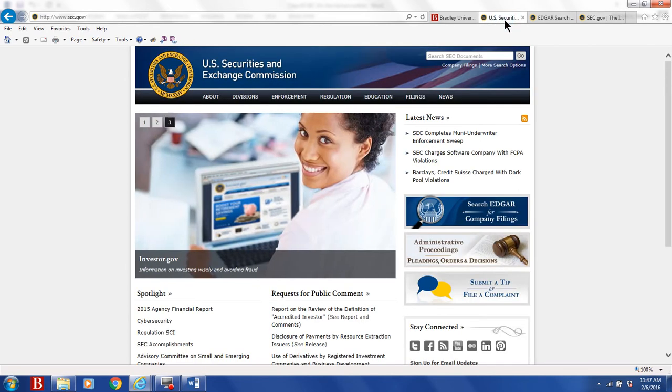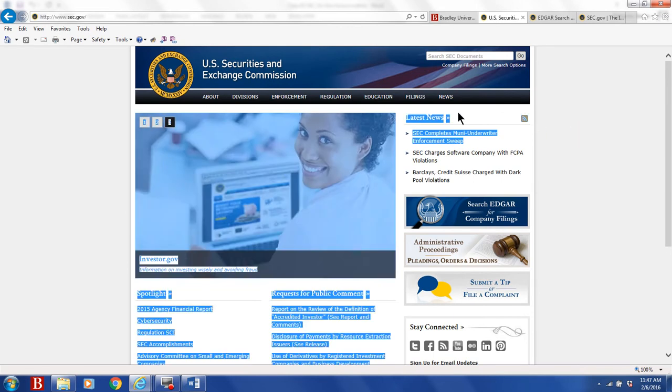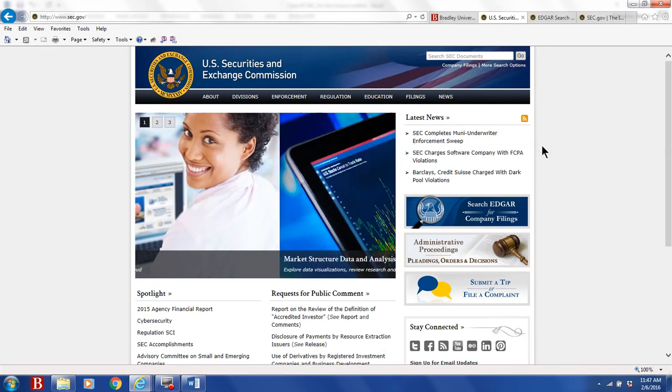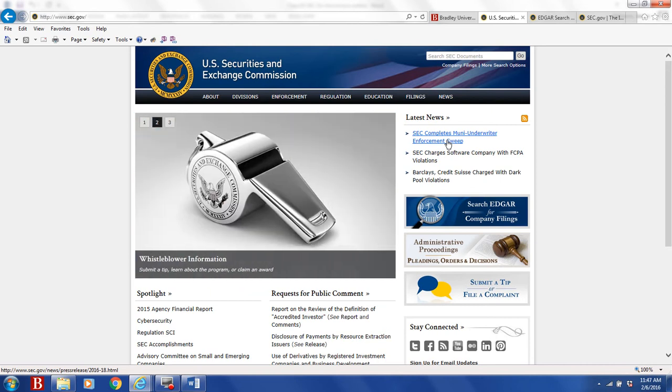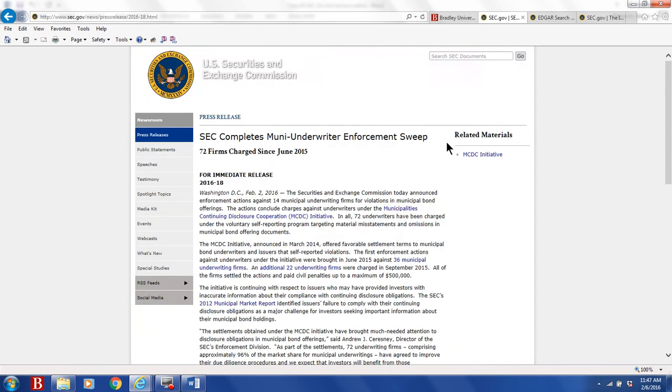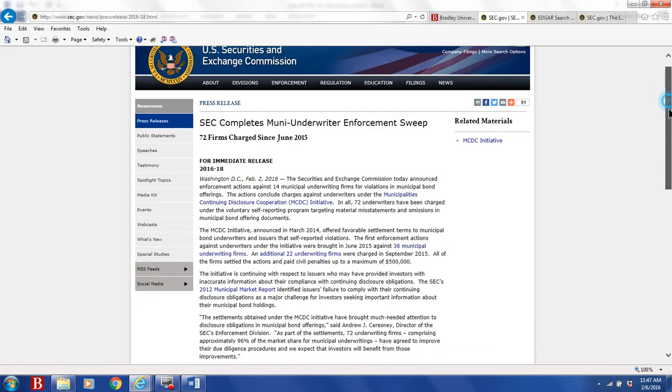If we were to go back to the SEC's main website, on the top right-hand side of the page, you can see that there are 3 items listed under latest news. For example, if I click on this first one, it talks about an enforcement sweep against muni underwriters.